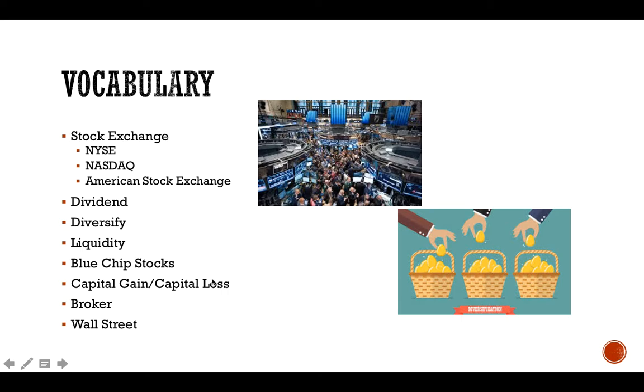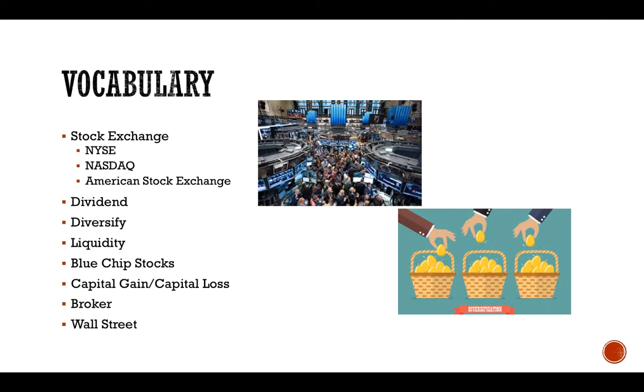Capital gains and capital losses. This is just when you sell a stock. Did you sell it for more than what you bought it for, or did you sell it for less than what you bought it for? If you made money off it, it's a capital gain. If you lost money when you sold it, it's a capital loss. Stockbroker, that's who you call. They're the ones who actually can do the shopping on the exchanges. You can't call the New York Stock Exchange and say, I want to buy 500 shares of whatever company it is.